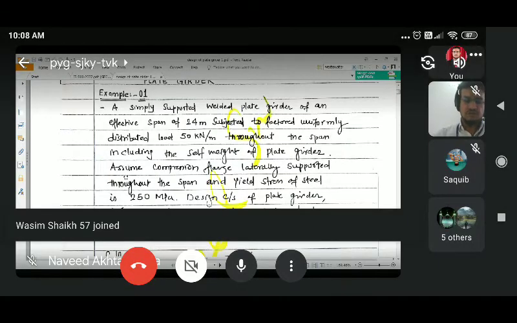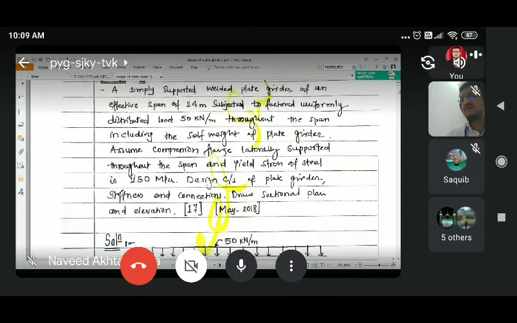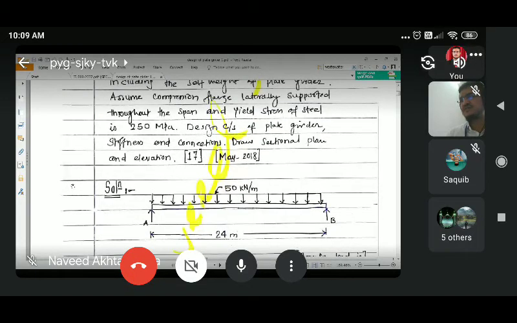So shall we start? Interested students have already joined and it's already 10 past 10. So we will start our example, and if there is any point you are not understanding, feel free to unmute yourself and ask the question.